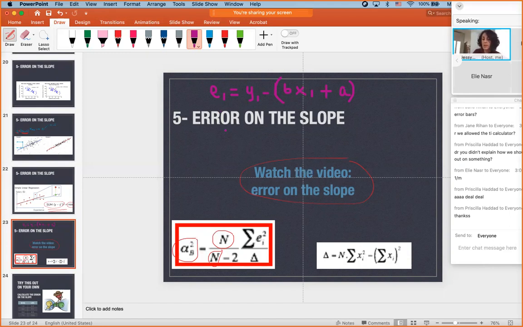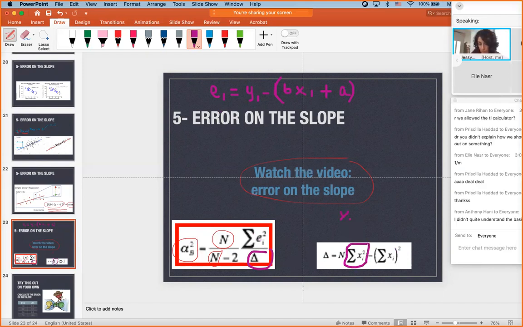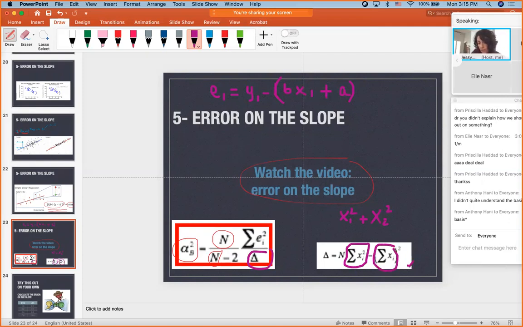So you square each, then you add them. Now what is delta? Delta is n times this. If I expand this one, this is x_1 squared plus x_2 squared, and then you add them up. And this one is different. This, you do x_1 plus x_2, and eventually you square the whole thing.